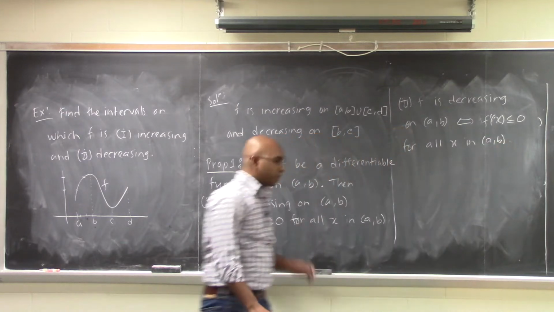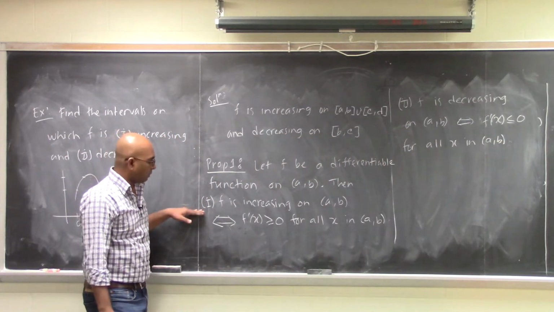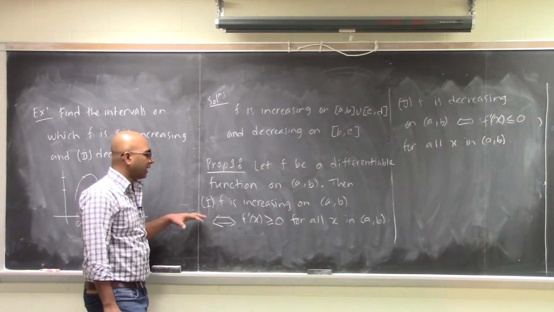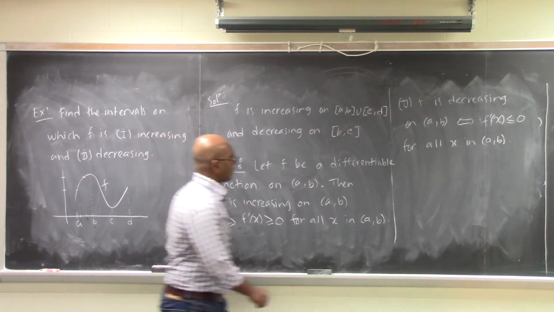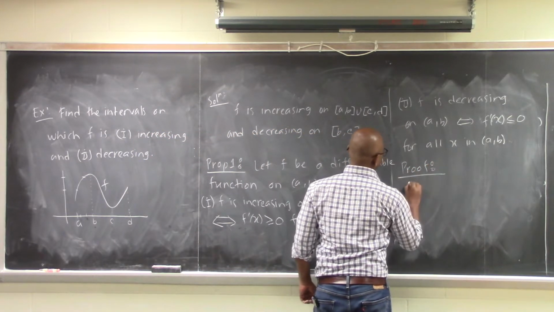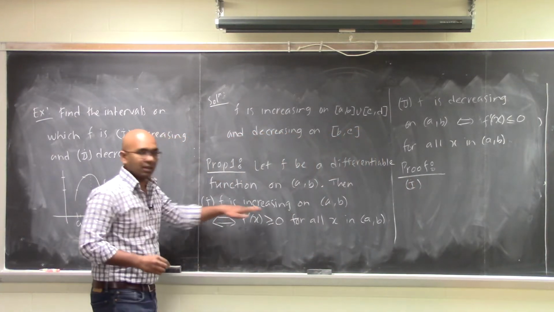Okay, I'm going to prove just part 1. It's important to know the proof of this proposition, but part 2 is exactly like that. You can do this on your own. So here's the proof. We'll just do part 1. Okay, so first we'll assume f is increasing on AB.